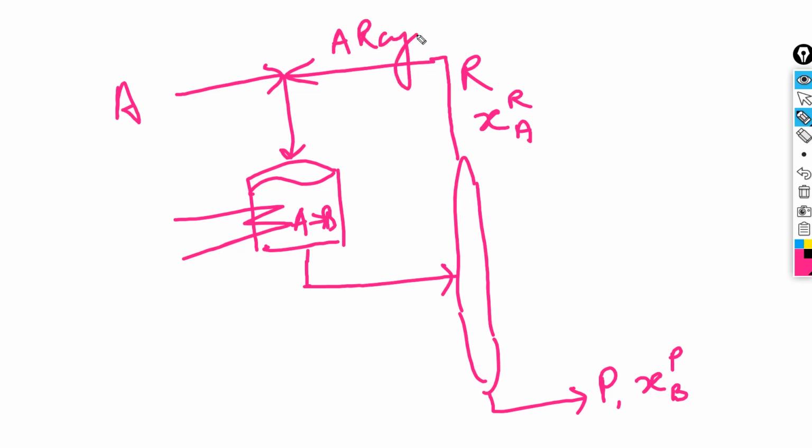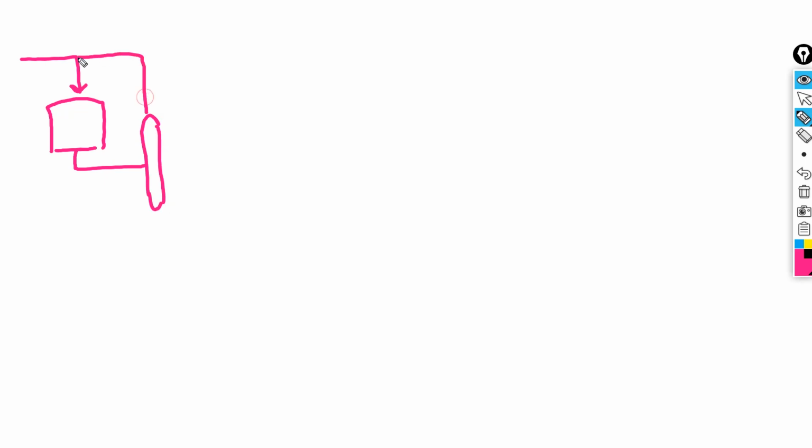So this is the very simple process, and we are going to look at this process. Let me draw a slightly smaller version of this process, because we're going to do some derivations. So that's my process.